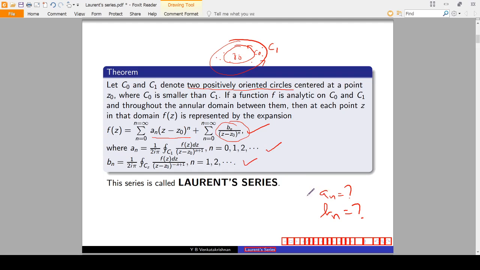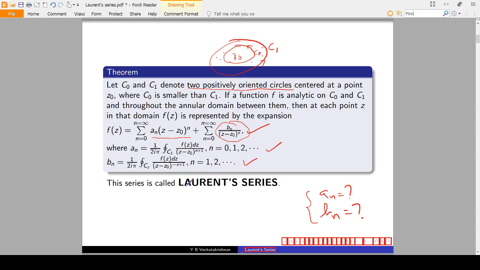Now, you can apply the integral and then find the values of an and bn, but that is going to be difficult, or that will be a time consuming process.